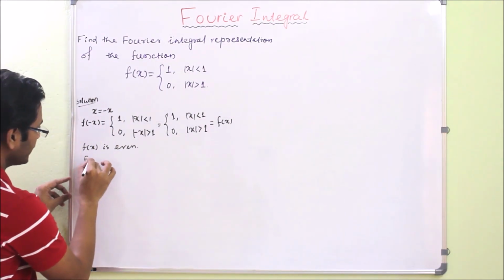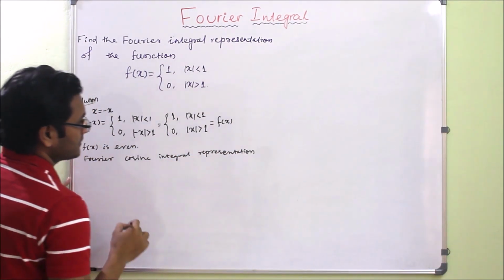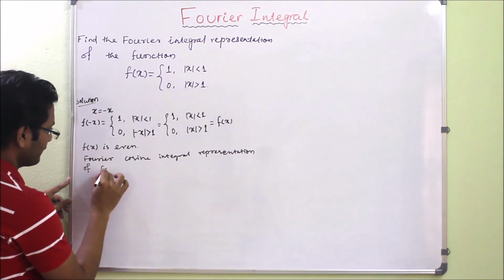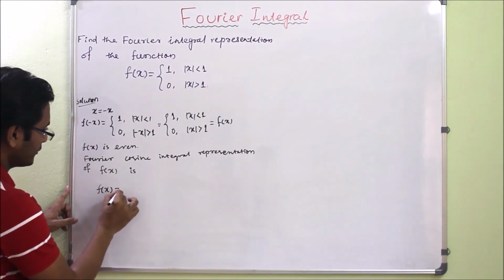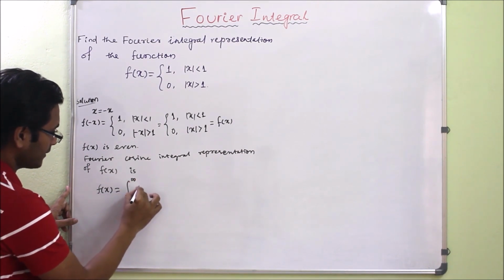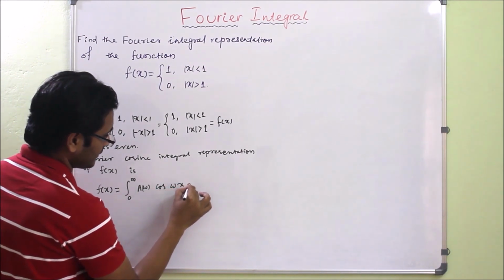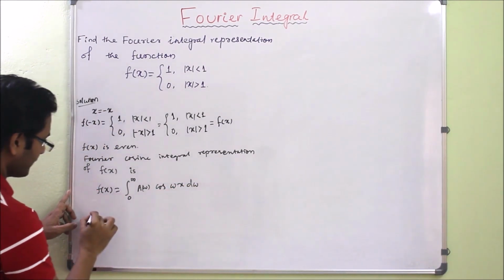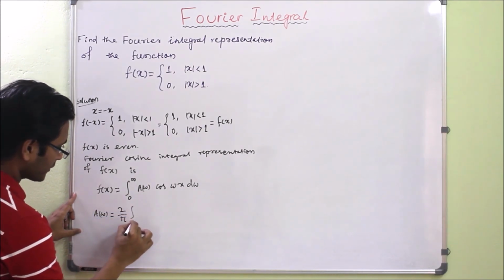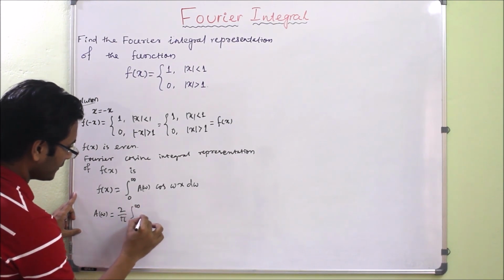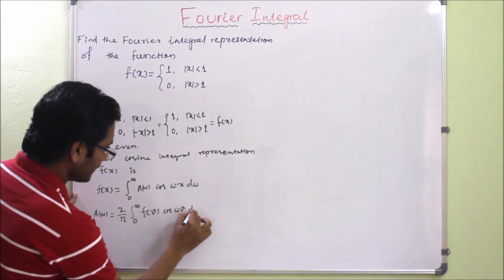So we write the Fourier cosine integral representation of f of x: f of x equals integral from 0 to infinity of A of w cos wx dw. Now what is A of w? A of w is 2 by pi times integral from 0 to infinity of f of v cos wv dv.